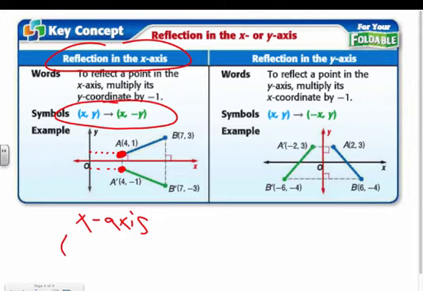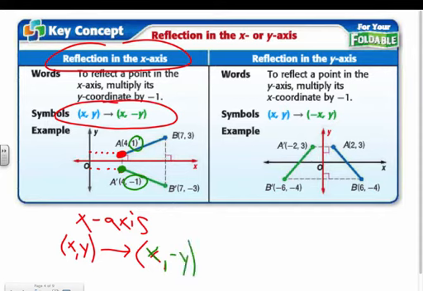So the x does not change. So if this is my original point, and I'm going to reflect it, x stays the same, but the y is on the opposite side of the x-axis. So if the y was 1, its reflected image would be -1. So it's just the opposite of y. So when you reflect on the x-axis, the only thing that changes is the y value on the coordinate. It just becomes the opposite.